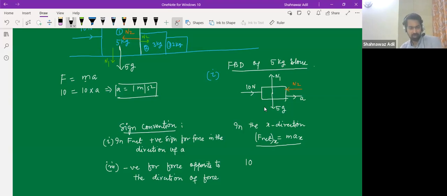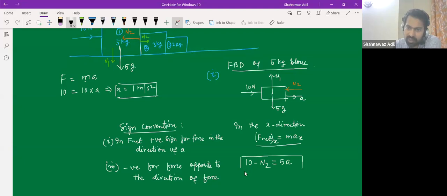Opposite. So we will write minus N2. Do we have any other x direction forces? No, sir. So this would be equal to mass times acceleration. What is the mass of this block? 5 kg. So we'll write 5a.